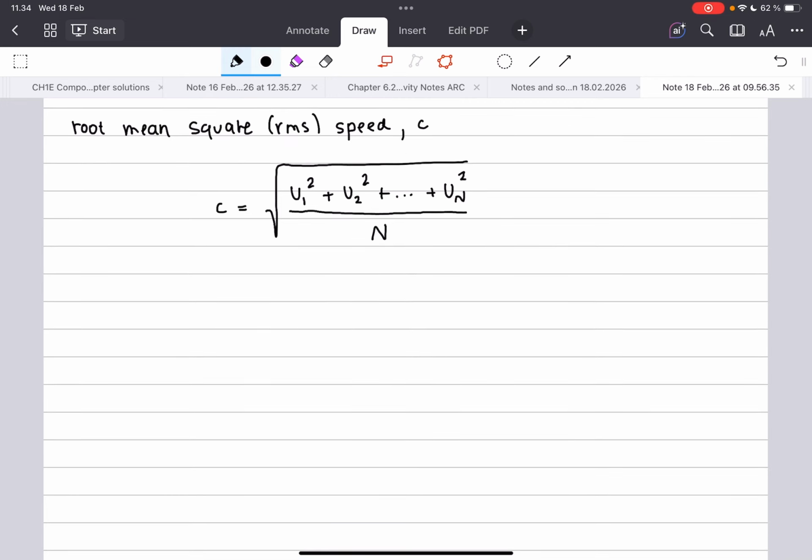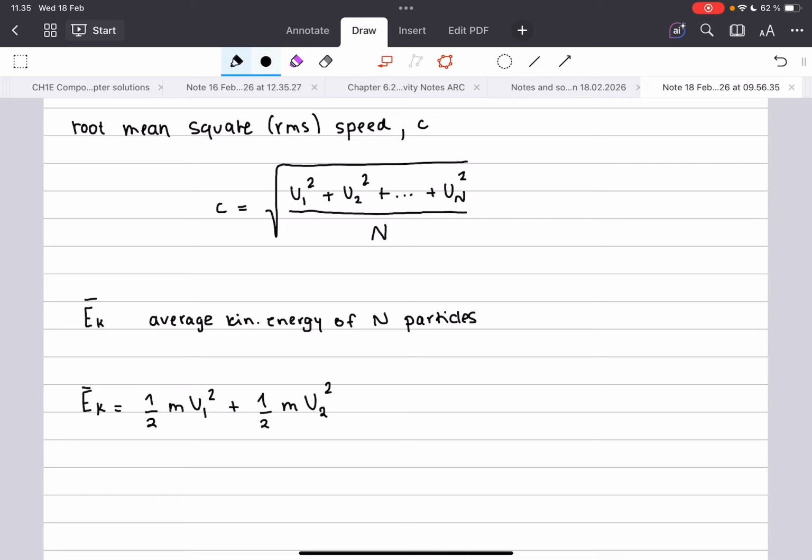And now you will be wondering, why does it make sense to define a root mean square speed? It's because when we calculate the average kinetic energy of n molecules, the way we do it is we say Ek is a half times the mass of the first particle, V1 squared, plus a half times the mass of the other particle, V2 squared.